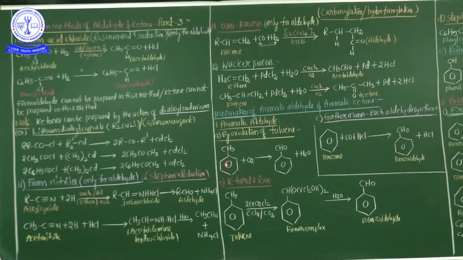So this is toluene, C6H5CH3, reacted with oxygen in the presence of V2O5, vanadium pentoxide. The temperature is 623 kelvin. Benzaldehyde is formed. Additionally, the byproduct water is also obtained. This is a preparation method of aromatic aldehyde.